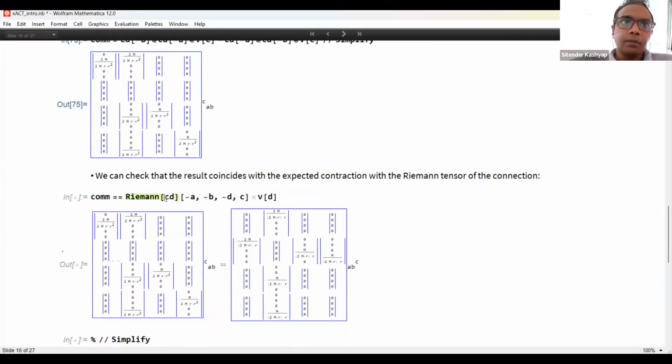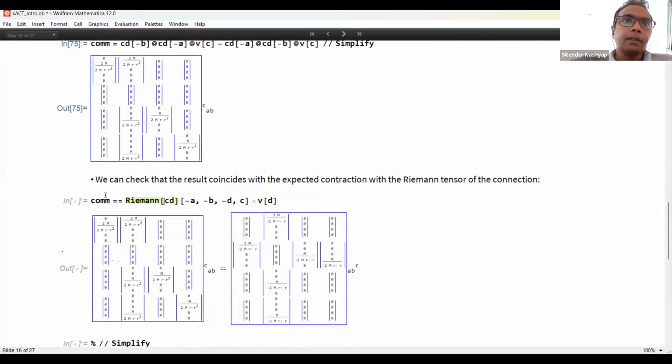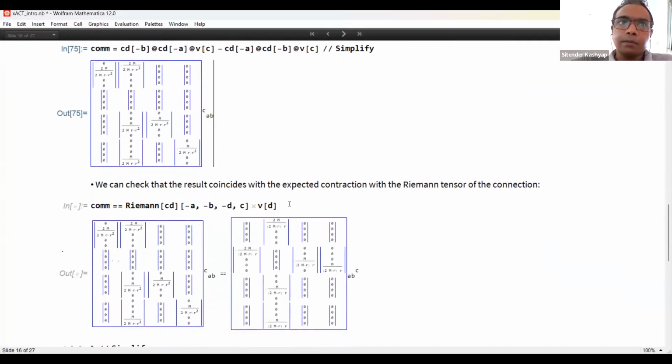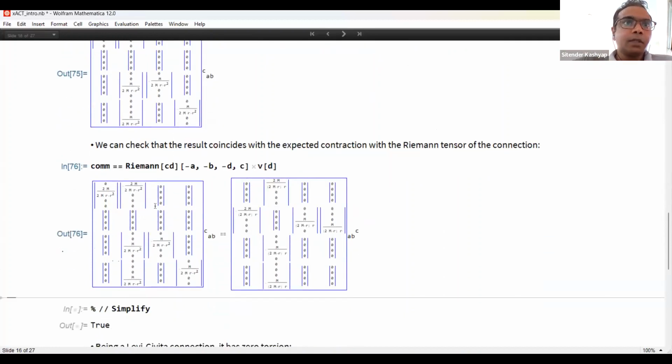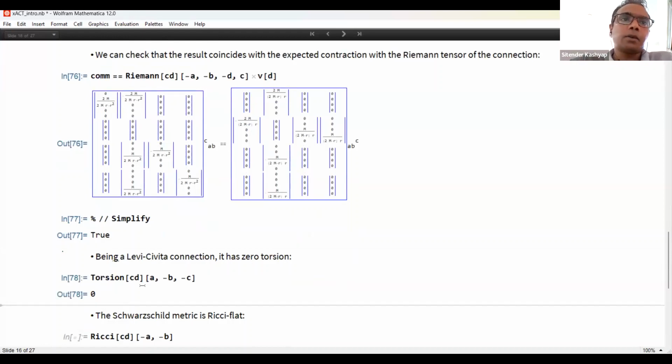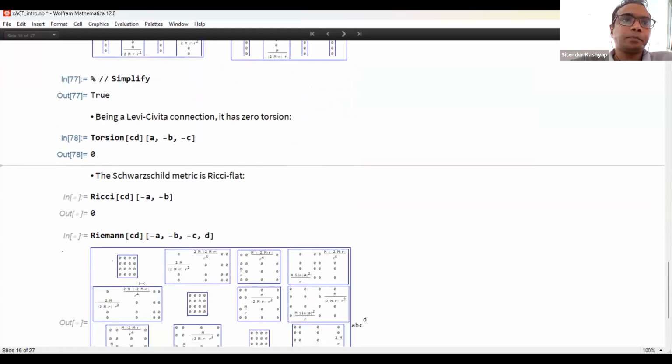In another way of doing that, this object we calculated, we want it to be equal to the Riemann tensor contracted with V, and the double equality tests whether these two things are equal or not. We ask it to simplify, and it says true. So once again, we see that it is doing the job, and the torsion is essentially 0.